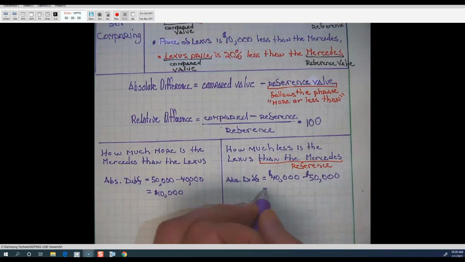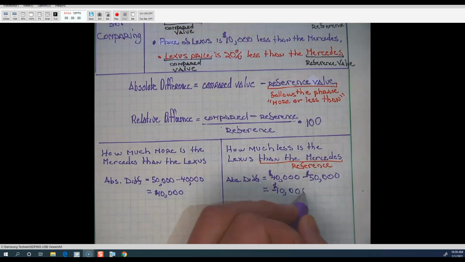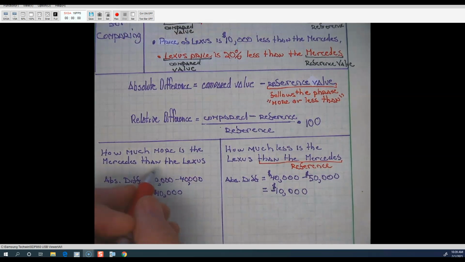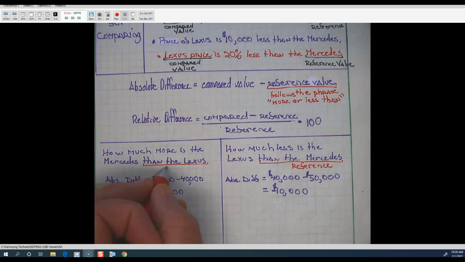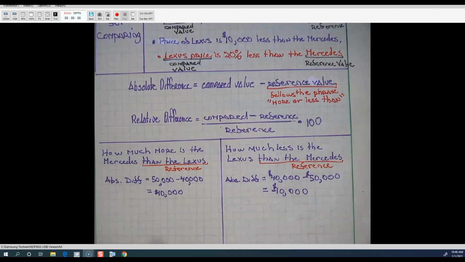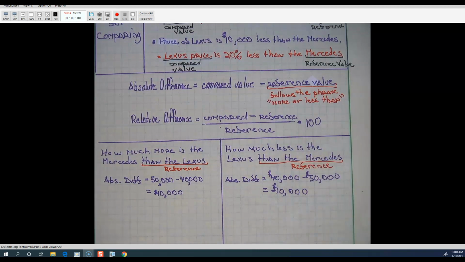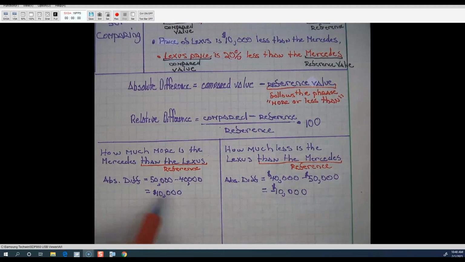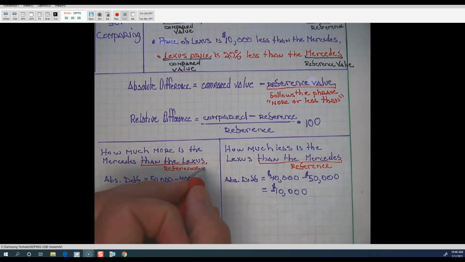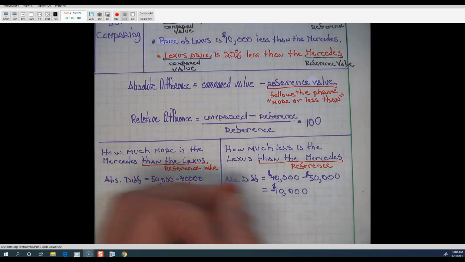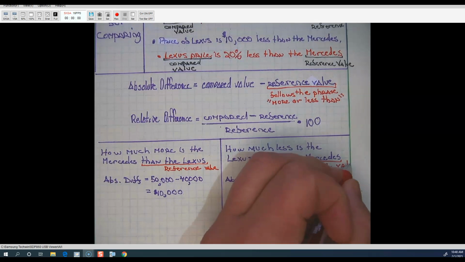You get the same number, it's just negative 10,000. Okay, so over here, that's your reference value. So it's compared minus reference. Compared value minus the reference value. Okay, questions up to this point?